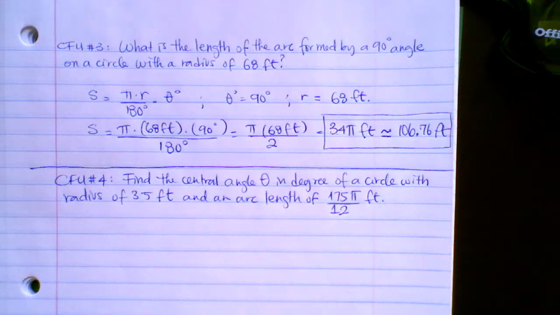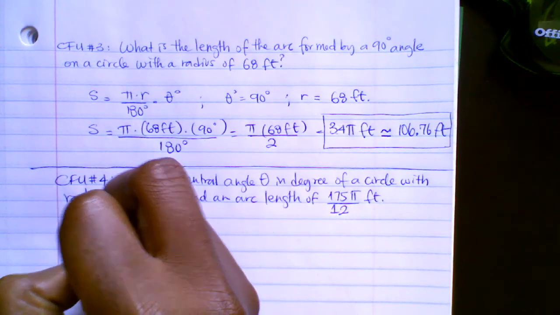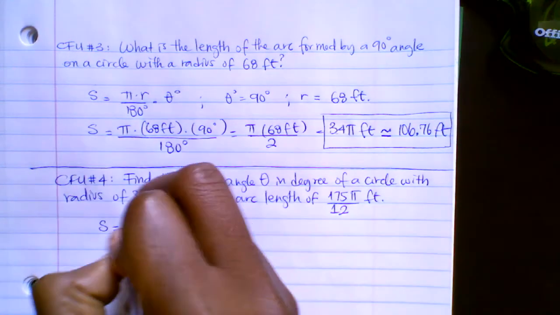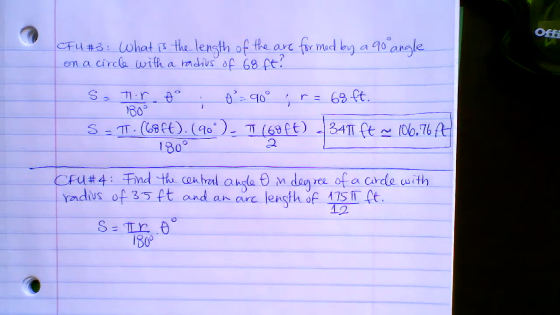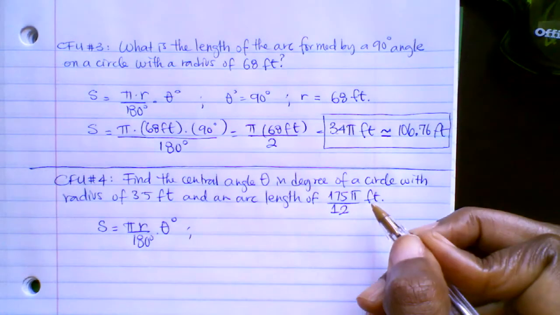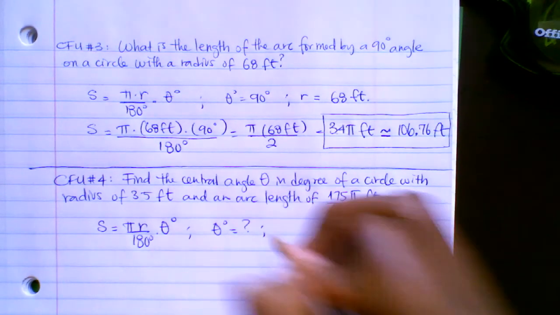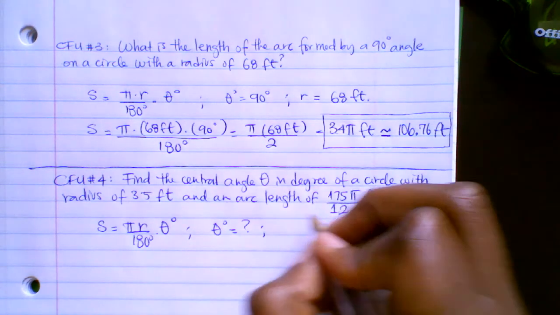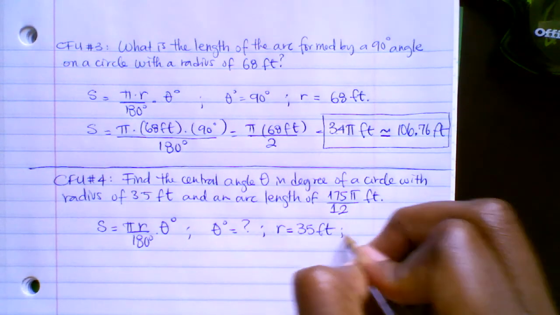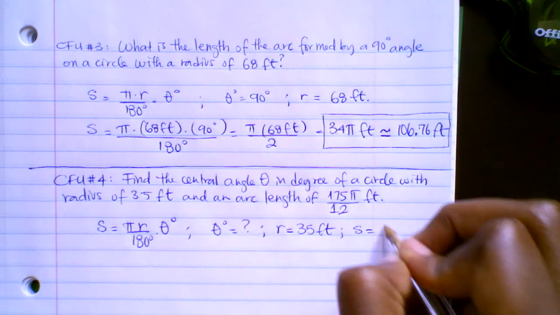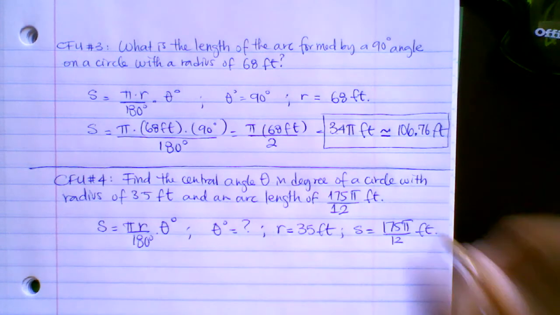So now let's continue. We know the formula for the arc length is S equals pi R over 180 degrees times theta. So what do I know? I know that theta in degrees is unknown. That's what I need to figure out. I know that the radius is 35 feet. And I also know that the arc length S is 175 pi over 12 feet.